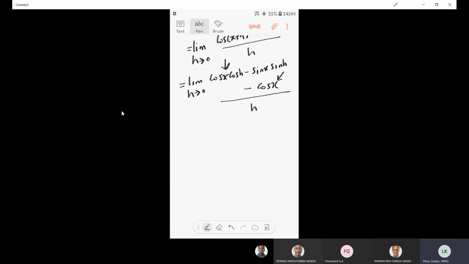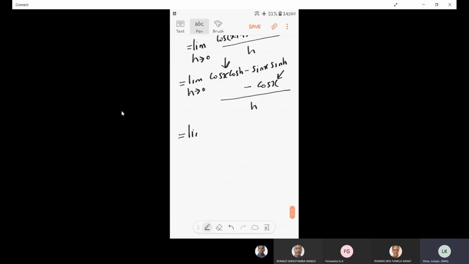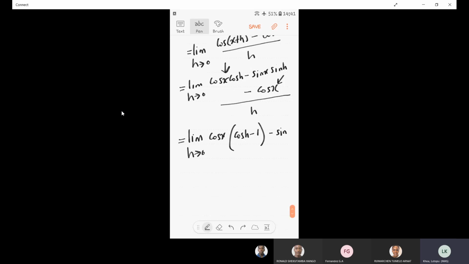So you can group those two together and factor out cos x. So this is the limit as h goes to 0 of cos x, and then here I will have cos h minus 1. And then I have minus sine x sine h. This is all over h.